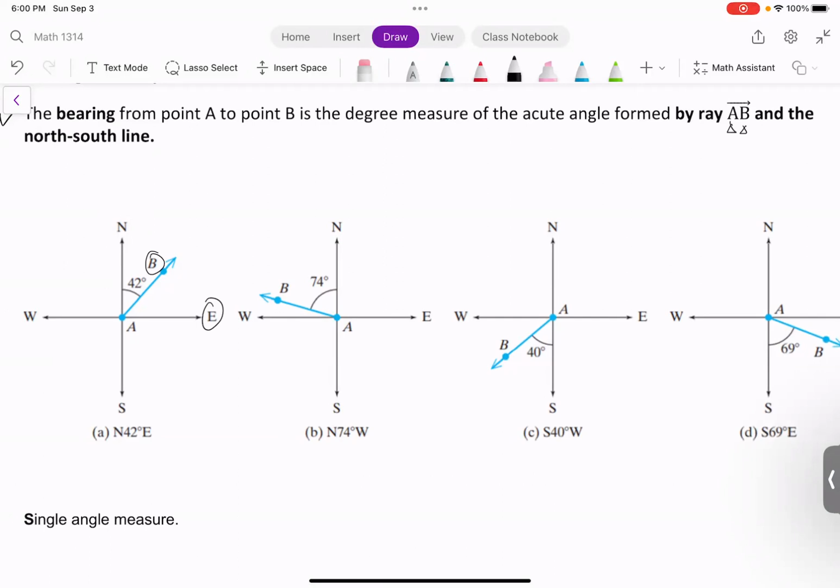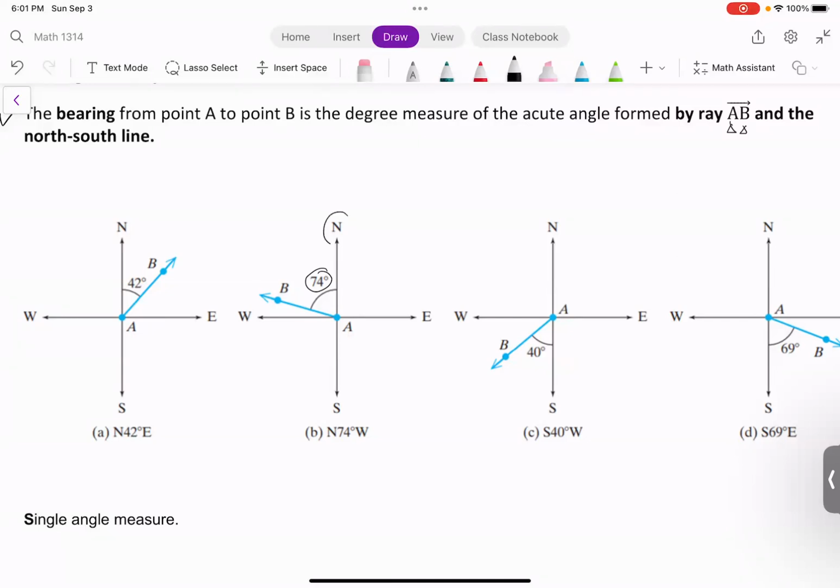All right, how about the next one? Let's erase this. From point A to point B, we have a ray, and the acute angle between the ray and the north-south line is 74 degrees. How to describe the bearing? First, I need to say whether it's north or south.